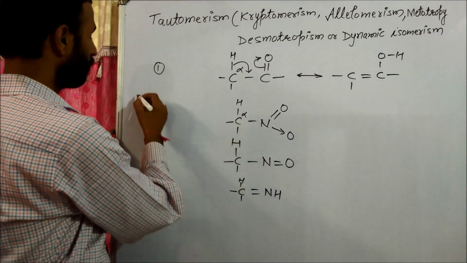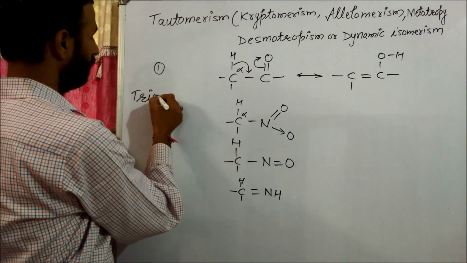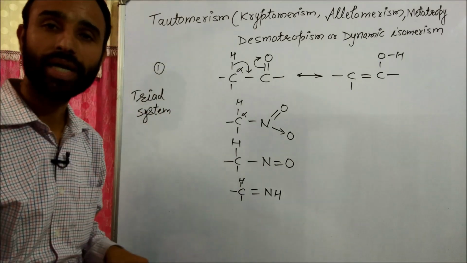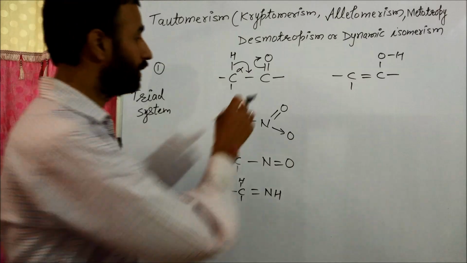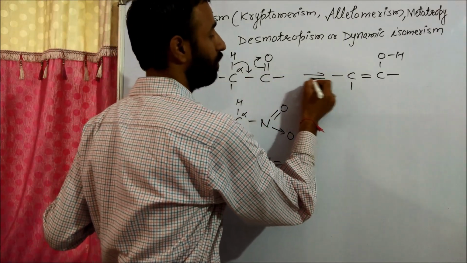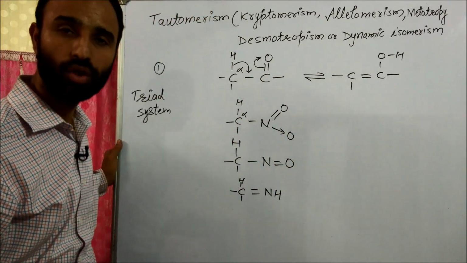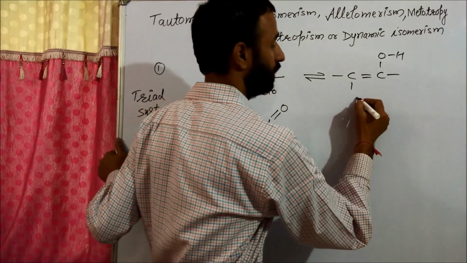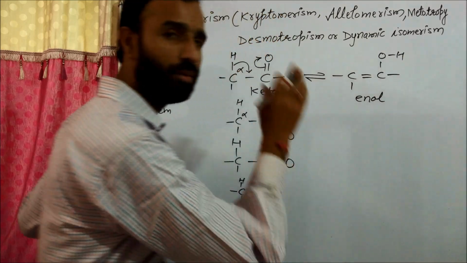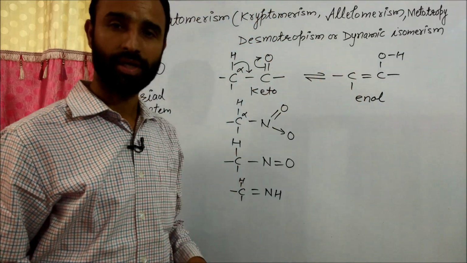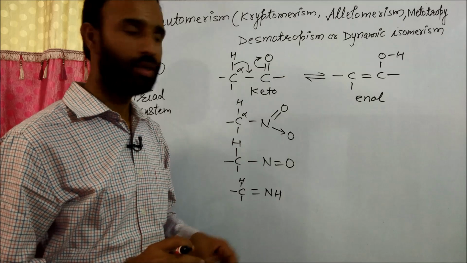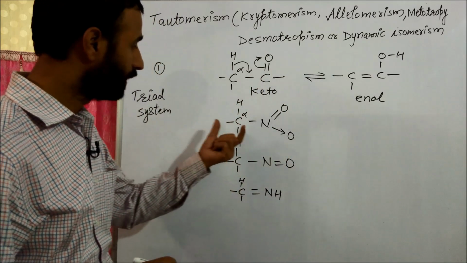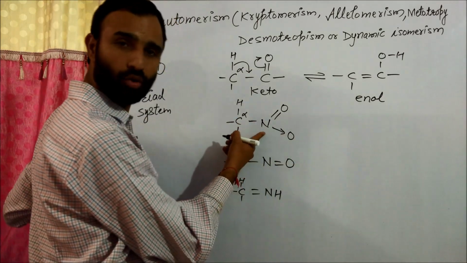That's why this is called a triad system. And these two isomers are always in equilibrium, and this is known as keto form and this is enol form. That is the most important in organic chemistry. Keto-Enol Tautomerism.